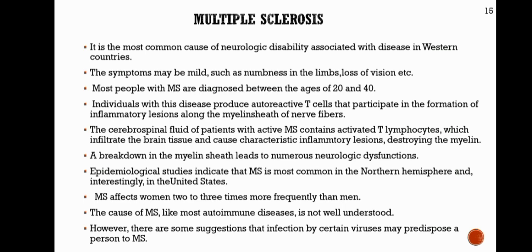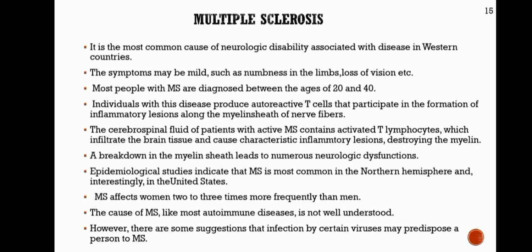Next disease, multiple sclerosis. It is the most common cause of neurologic disability associated with disease in Western countries. The symptoms may be mild, such as numbness in the limbs, loss of vision, etc. Most people with multiple sclerosis are diagnosed between the ages of 20 and 40.